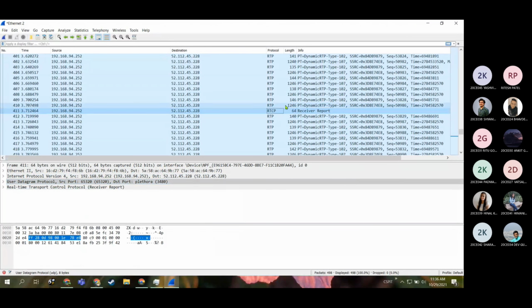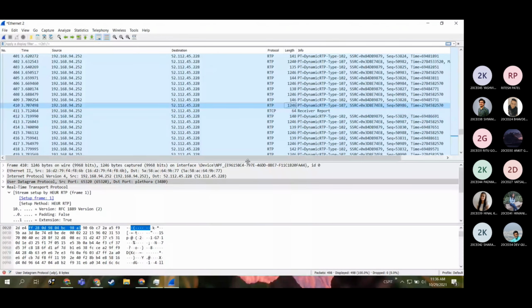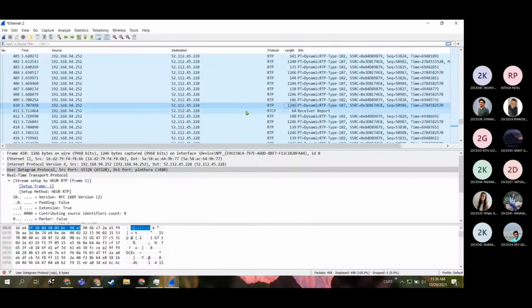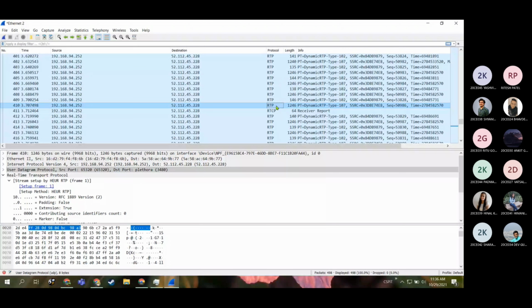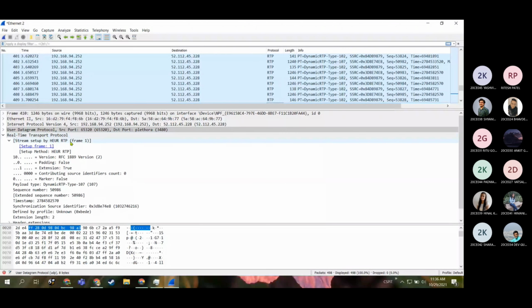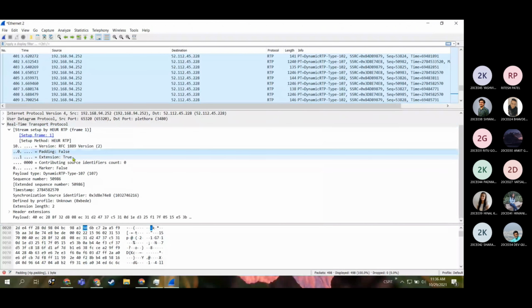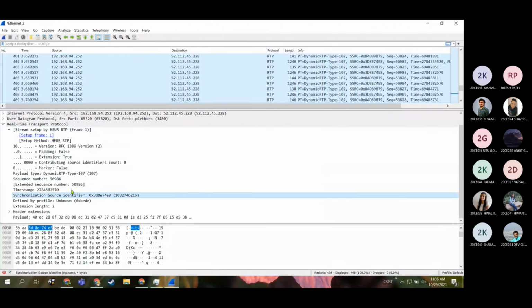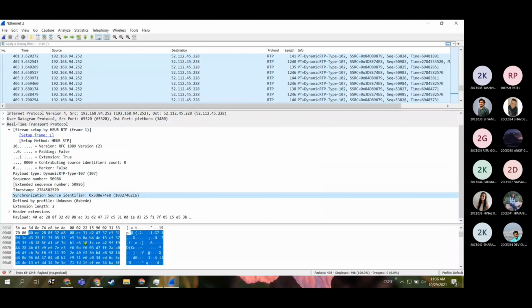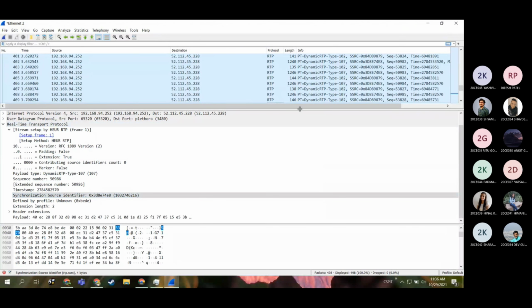As I told earlier, it is not always the case, but in the references it is told that the RTP port is even and the RTCP port is odd and one more than this one. So this gives information about the RTP protocol. This is a padding, then sequence number, then SSRC, synchronization source, and you can see this RTP packet format for this particular selected packet.